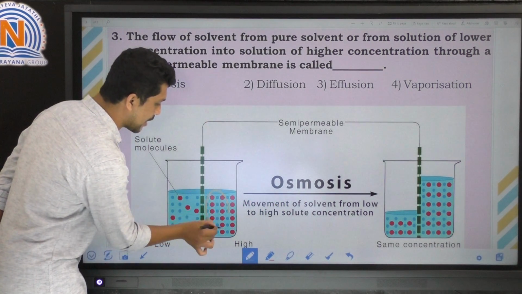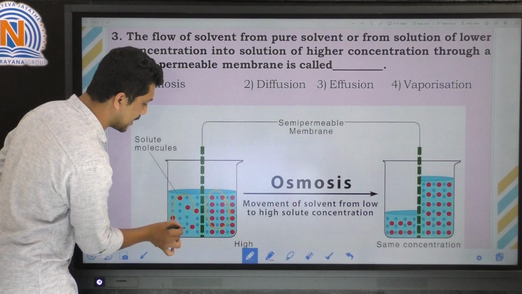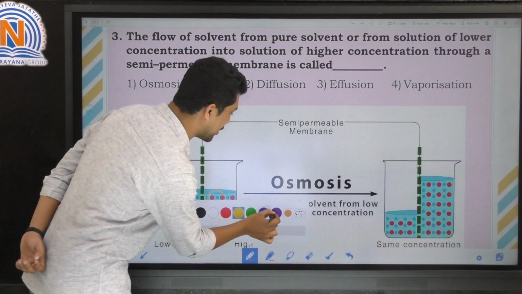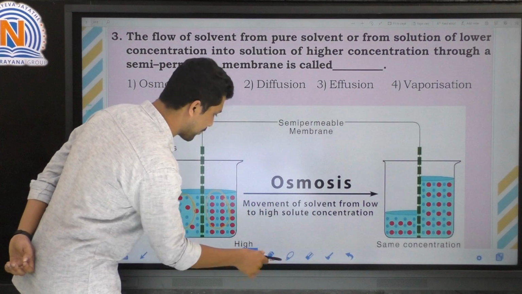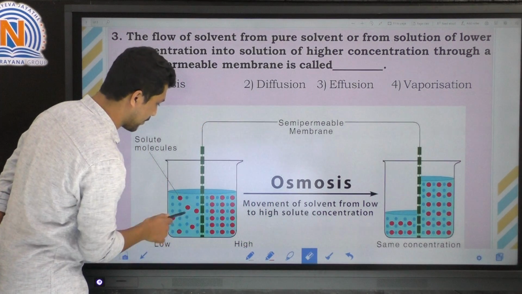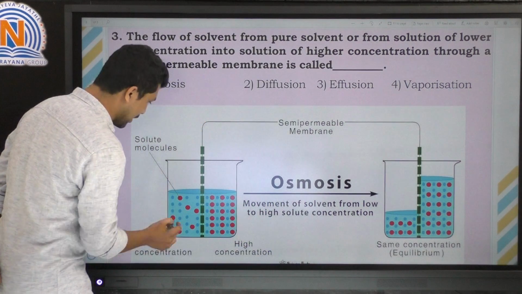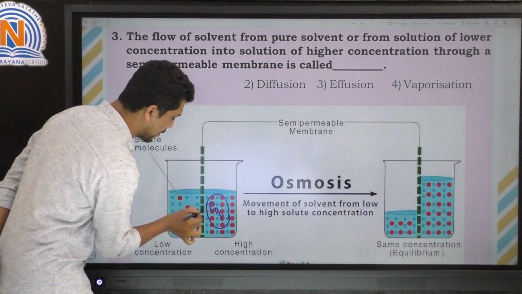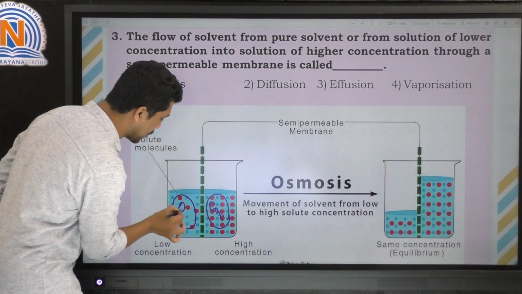This one is the concentrated solution, and this one is the dilute solution.